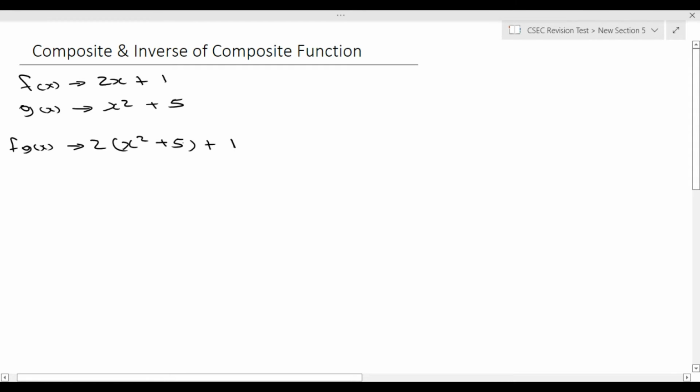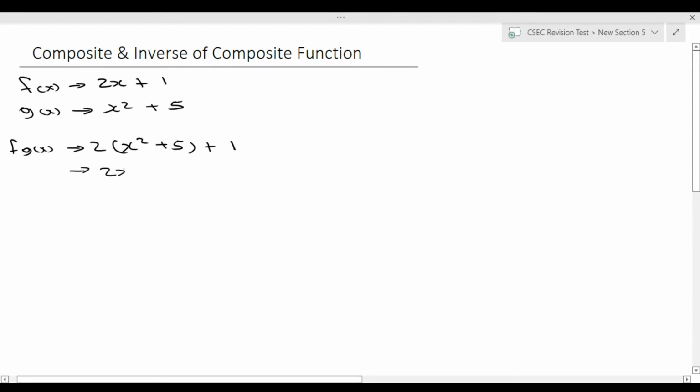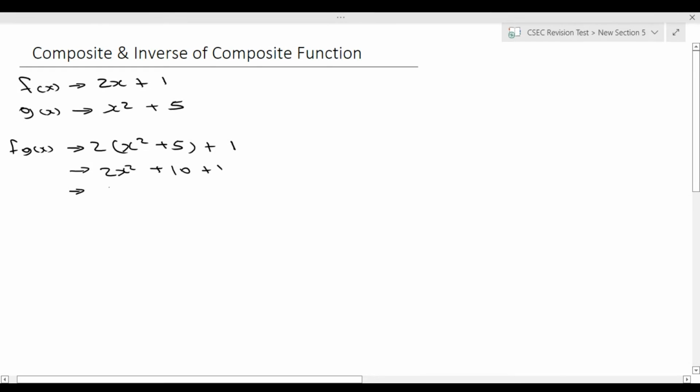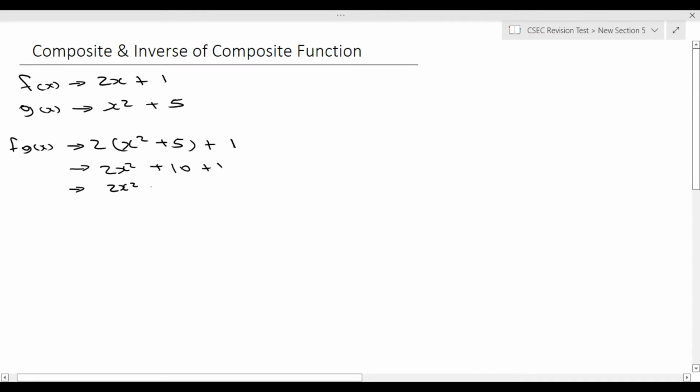What this will be is 2 times x squared, 2x squared, plus 2 times 5 will give us 10, plus this 1. And so our answer will be 2x squared plus 11.